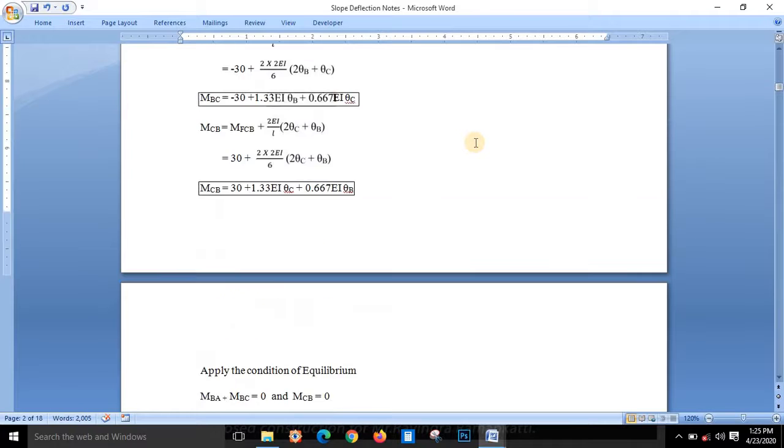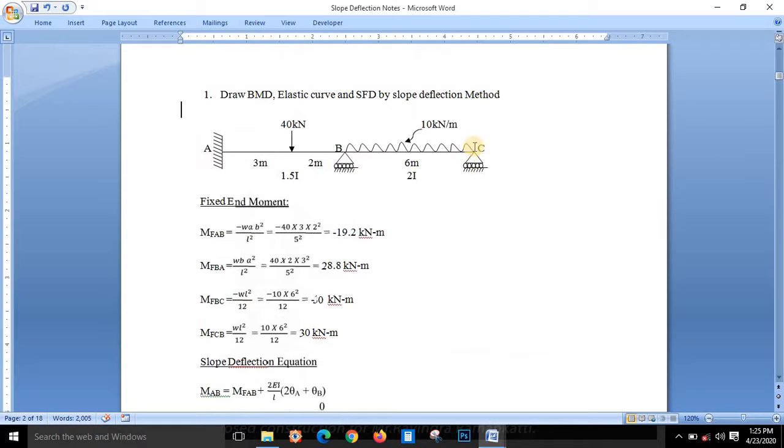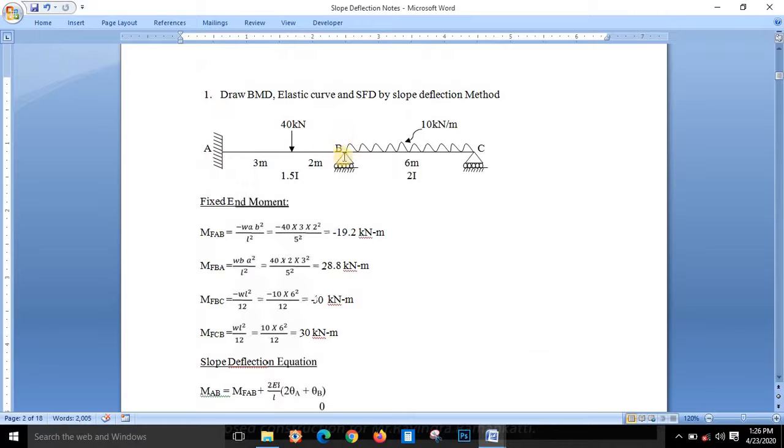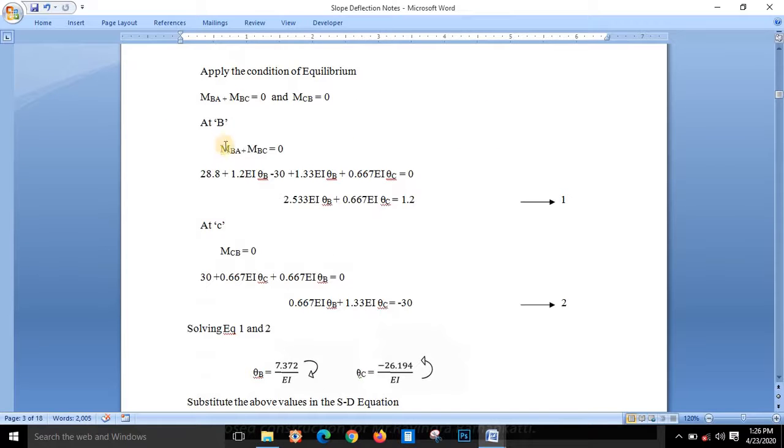Similarly, another equilibrium condition we can use is that the moment at the roller support end, that is at point C, will be equal to 0. We know that, so MCB is equal to 0. At joint B, MBA plus MBC is equal to 0.